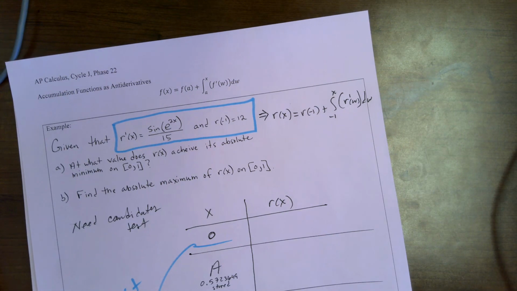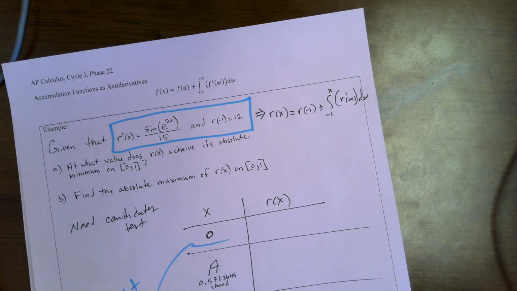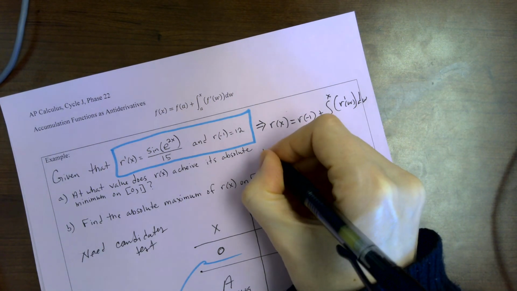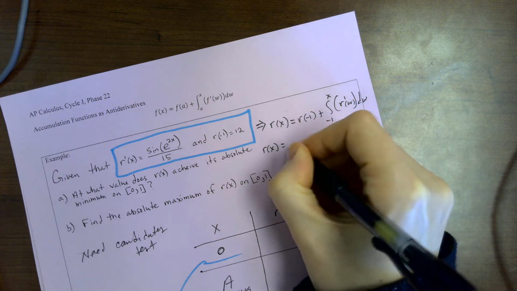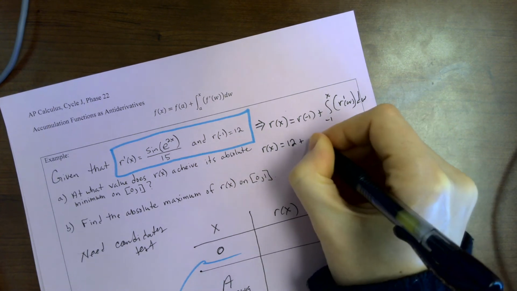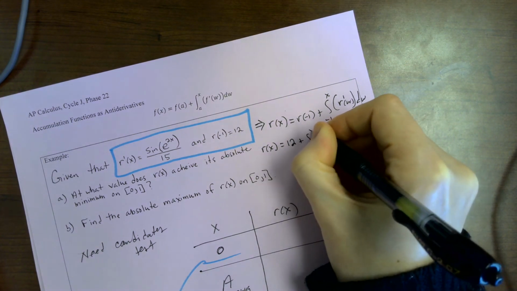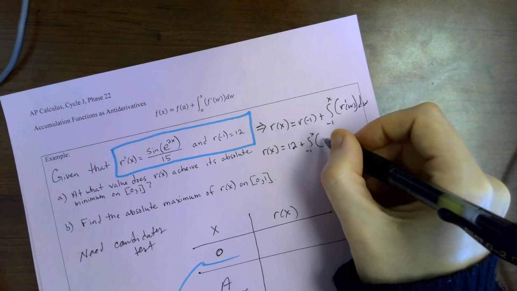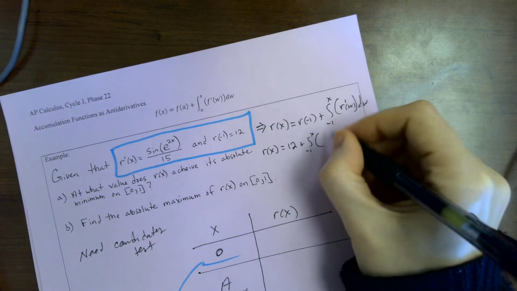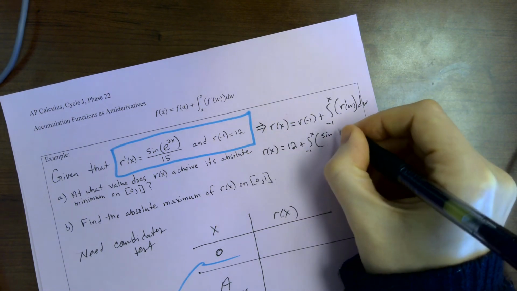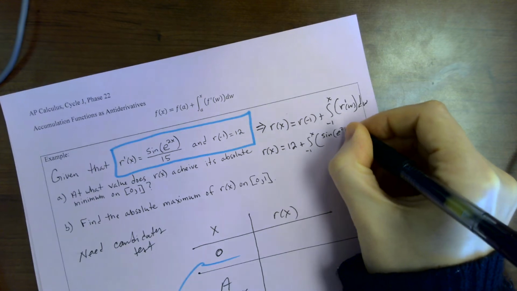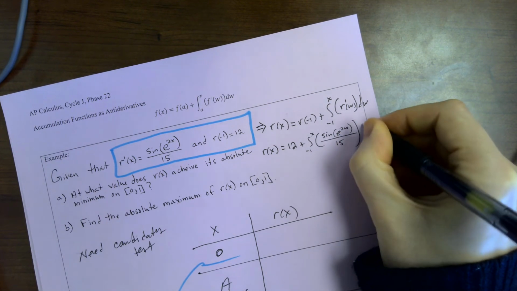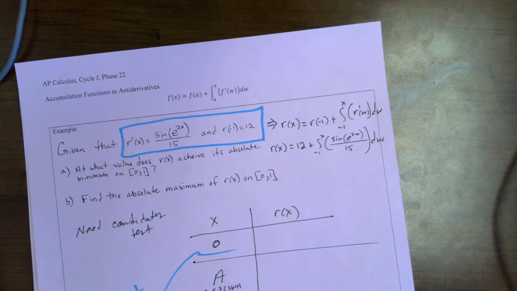Okay, just like that. So this is r of x equals r of -1, which is 12, plus the integral from -1 to x, and then in here goes sine of e to the 2w over 15 dw.